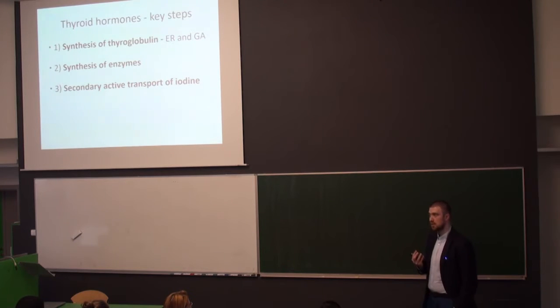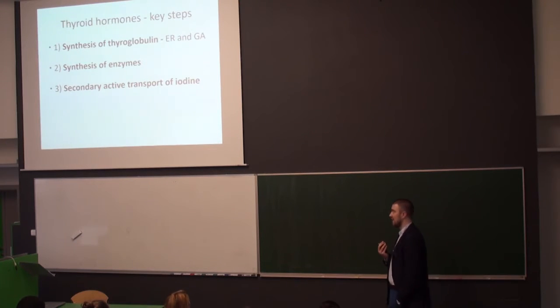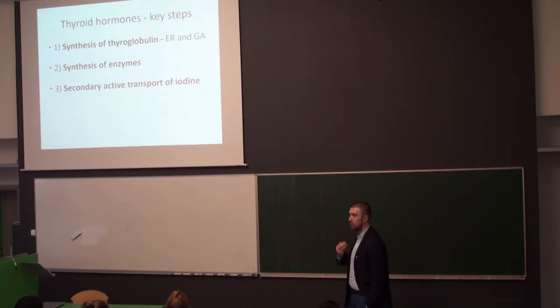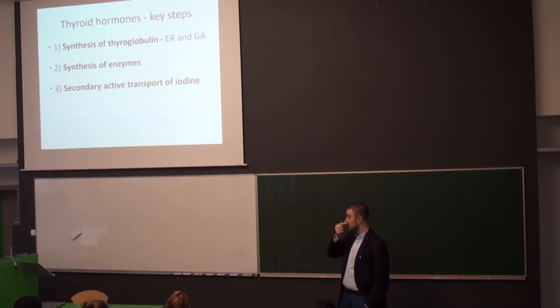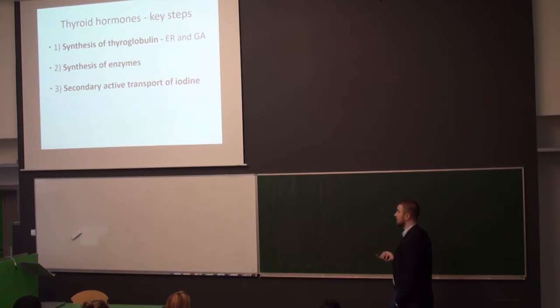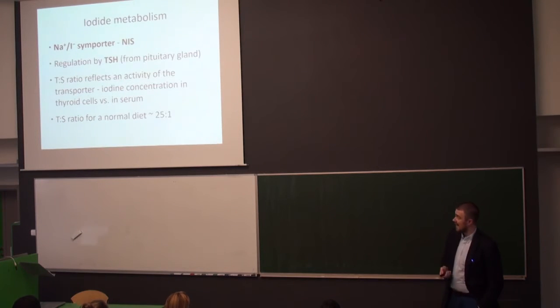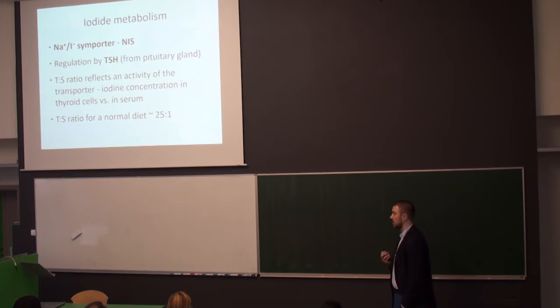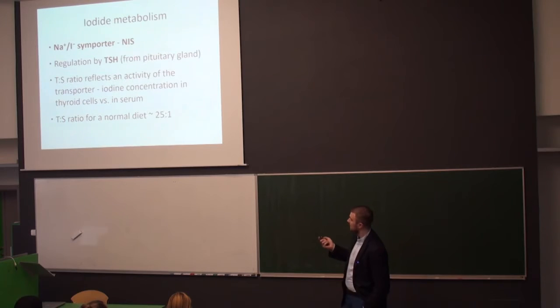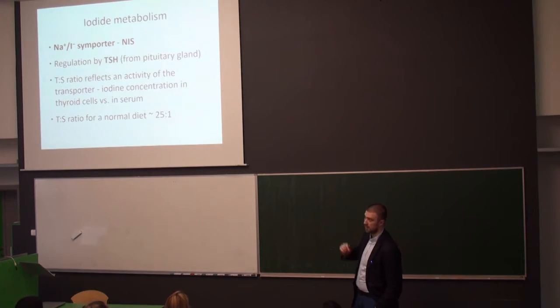And third is that you must take the trace element from the blood and put it into the thyroid gland. And this third step is done by the secondary active transport of iodine. It's the sodium iodide symporter, that's the molecule that does it, abbreviated as NIS. And here you have everything.